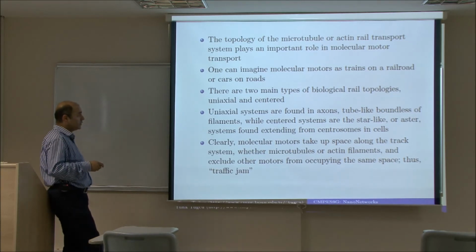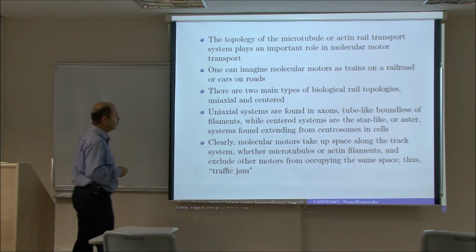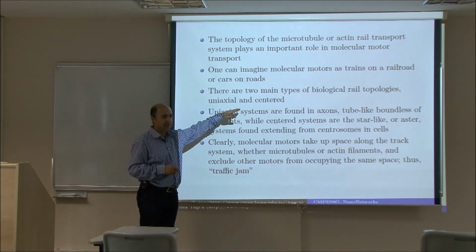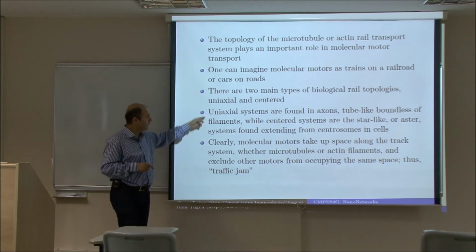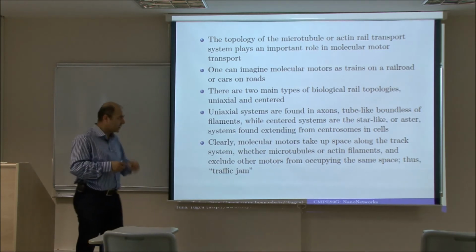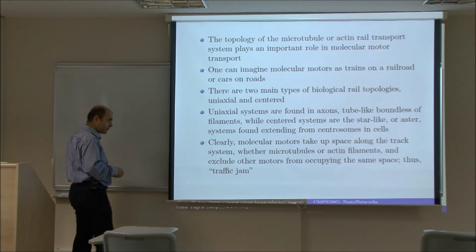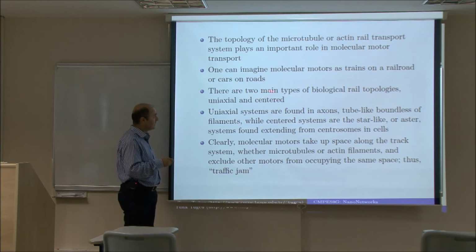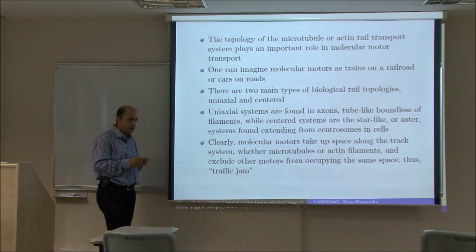There are two main types of biological rail topologies. One is uniaxial and the other one is centered. The centered one is centered around the centrosome, whereas the uniaxial systems are found typically in axons, which are like tube-like bundled filaments, whereas the centered ones, as I mentioned, originate from the centrosome.